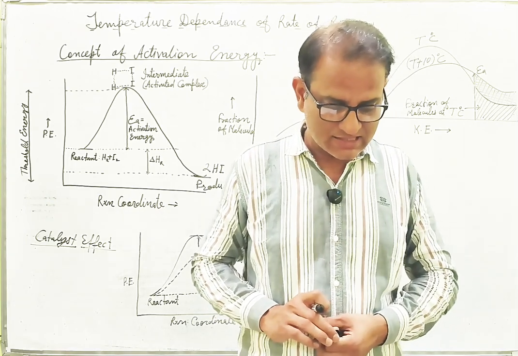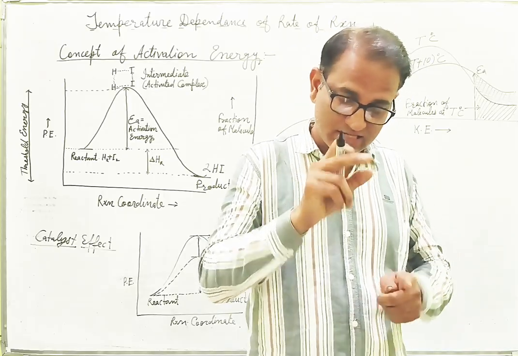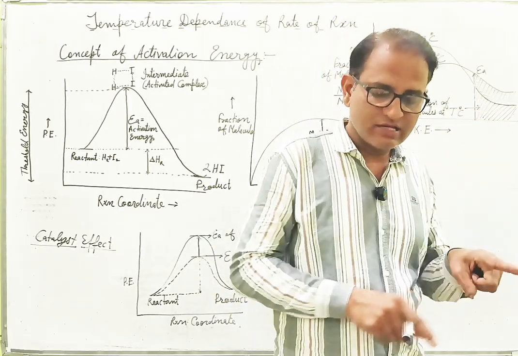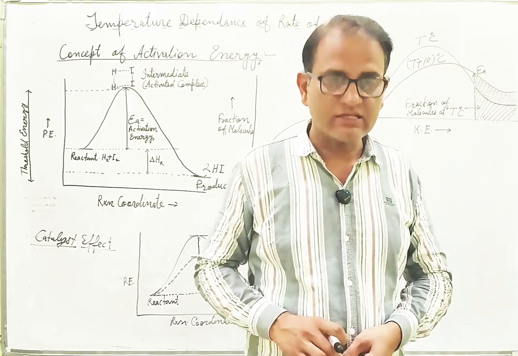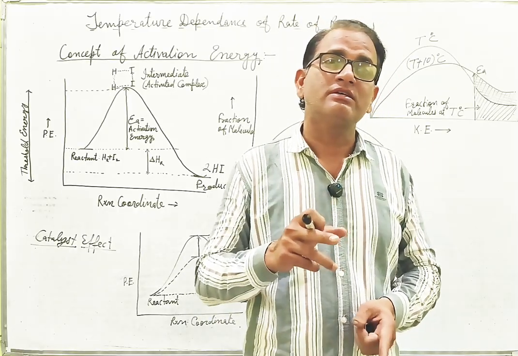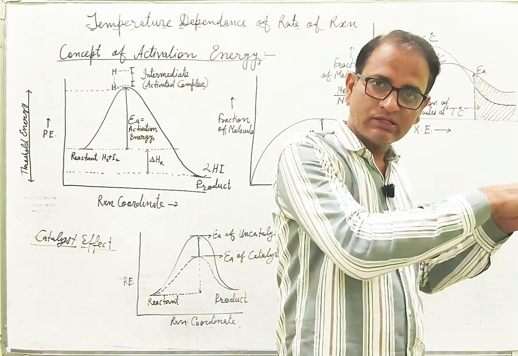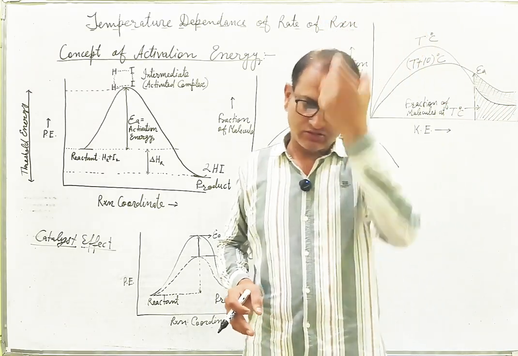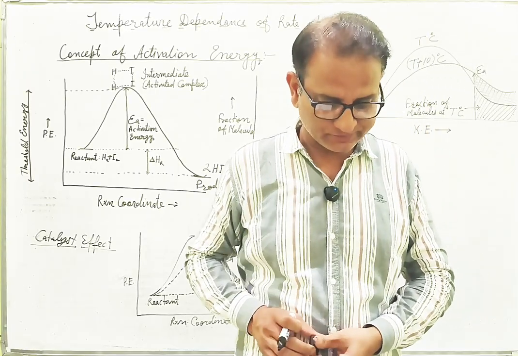Each reaction has a definite value of activation energy, and this activation energy decides the fraction of total collisions which are effective. Effective means the collision which converts the reactant into product. That collision is called an effective collision.